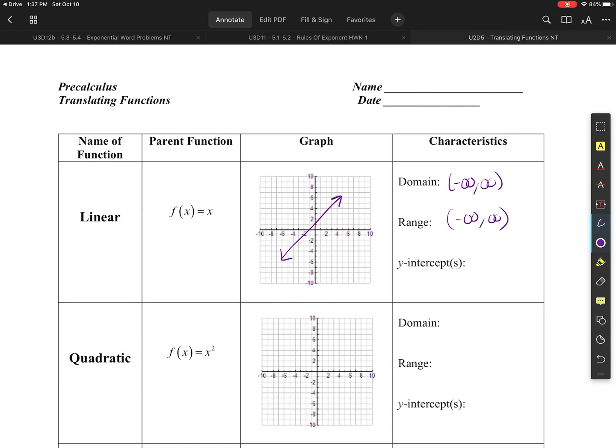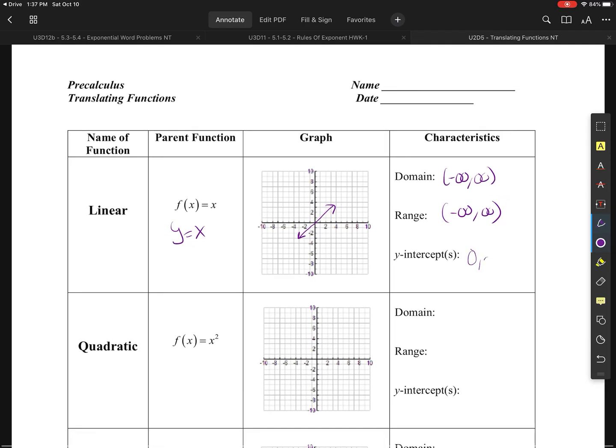Your y-intercept can be whatever, but if I graph y equals x, my y-intercept is (0, 0). Every function is going to have the same kind of idea with domain and range, so that's key.